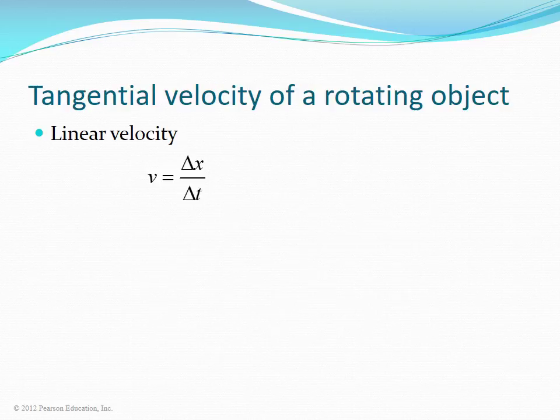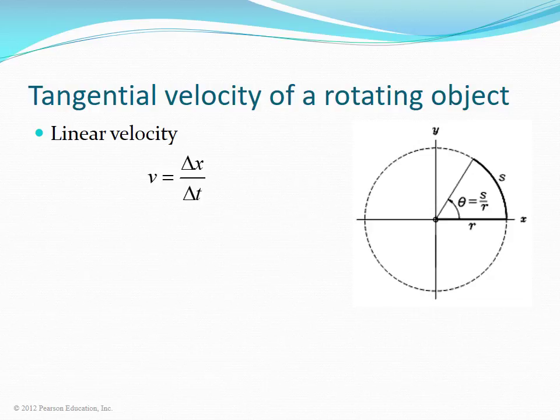In a previous chapter, we defined the linear velocity as the displacement divided by the time. In circular motion, the distance traveled is the arc length, but the arc length is the central angle times the radius. In terms of angular displacement, the arc length s is the radius times the change in the angle delta theta. The linear speed is r times delta theta divided by the time interval.